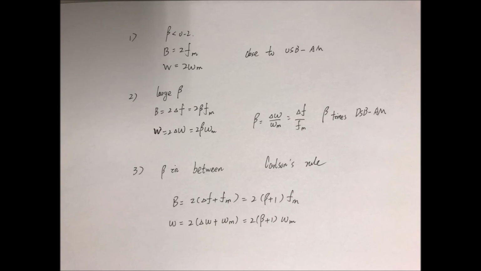So for beta in between, for example 1, 2, 5, all those things, your bandwidth is related with peak frequency deviation and your signal bandwidth. We can write it down as 2 beta plus 1 times f m.